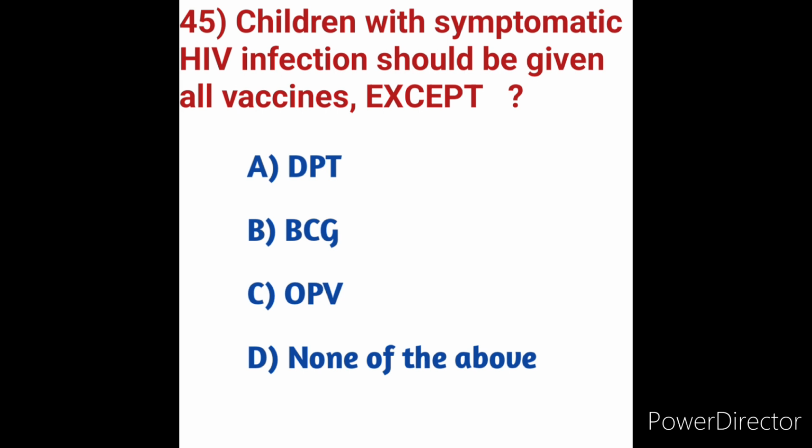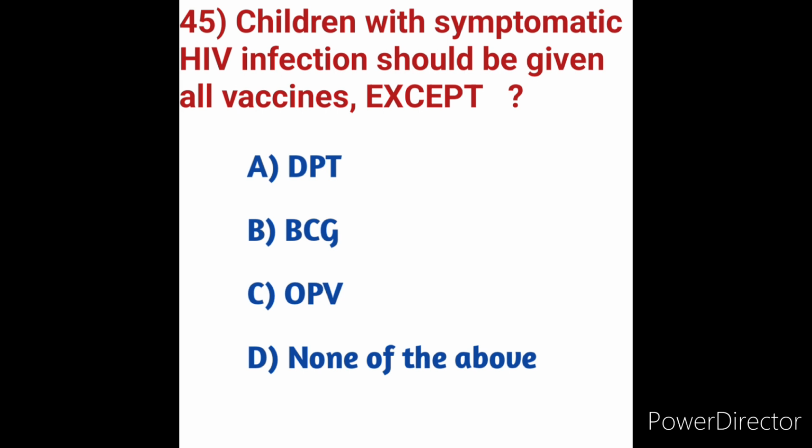The following vaccines are recommended for all people with HIV: hepatitis B, HPV, influenza, meningococcal, pneumococcal and tetanus, diphtheria and pertussis, meaning DPT and TT. Here, for the symptomatic HIV patient we have to hold BCG. BCG vaccine is contraindicated in people with impaired immunity, and WHO does not recommend BCG vaccination for children with symptomatic HIV infection.